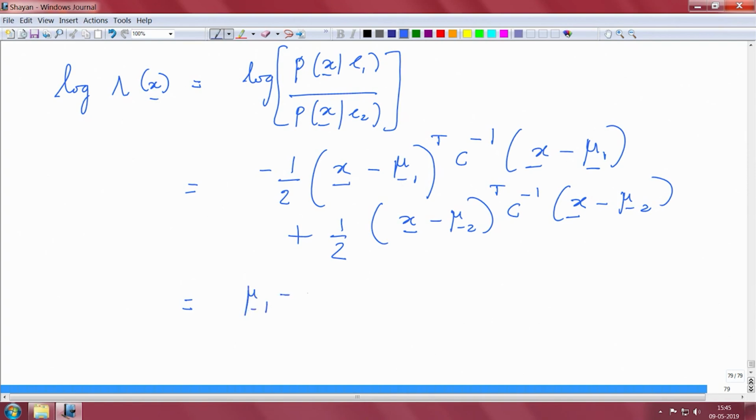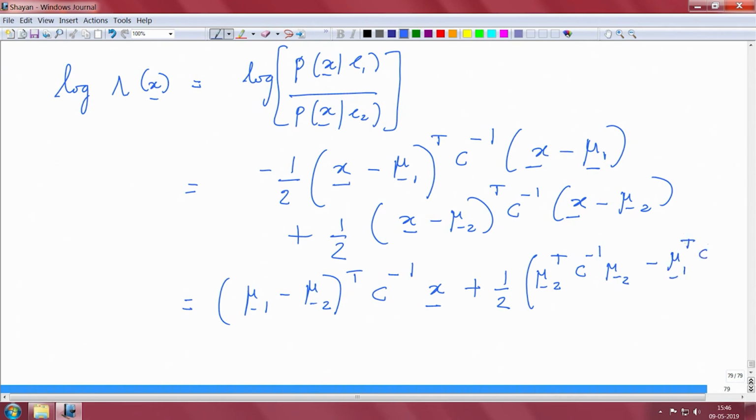This is going to be mu 1 minus mu 2 transpose covariance inverse x plus 1 half of mu 2 transpose covariance inverse mu 2 minus mu 1 transpose covariance inverse mu 1.